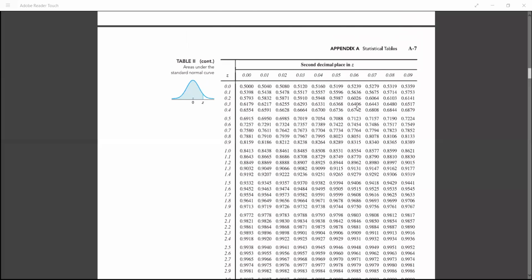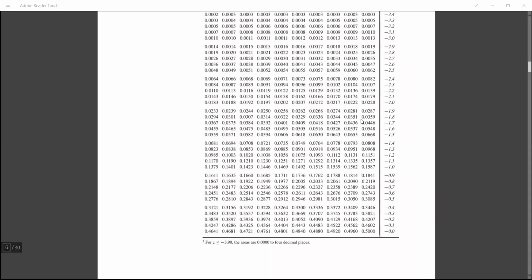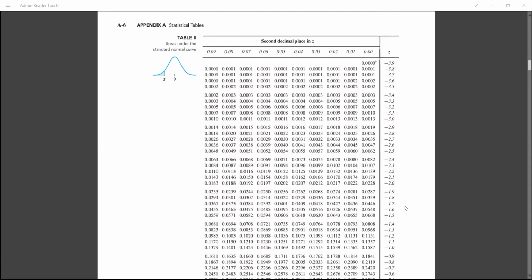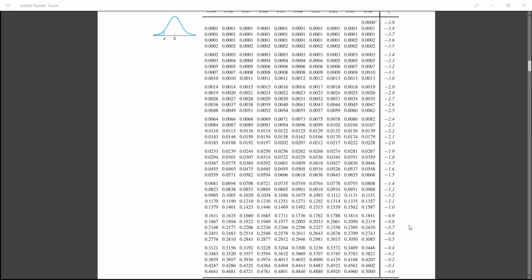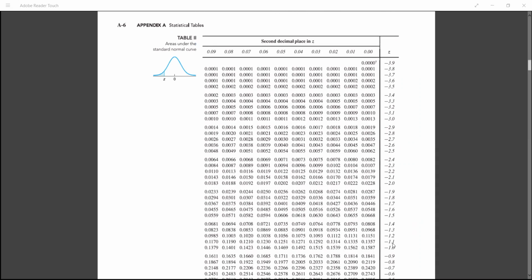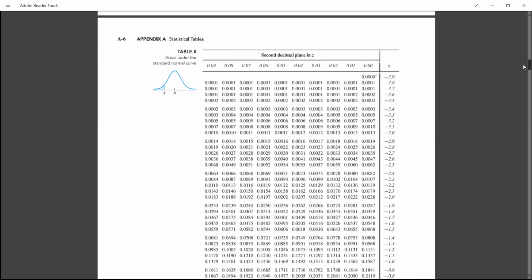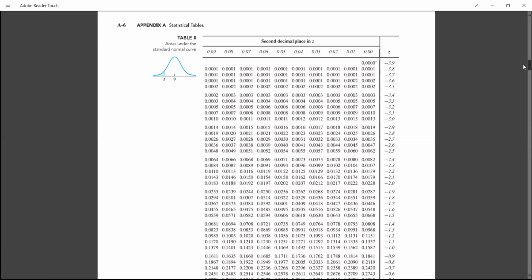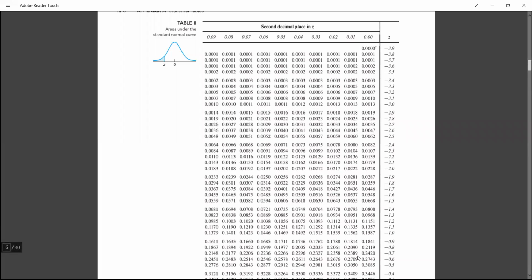From the table, we look at minus 0.5 and the column for 0.03 or 0.04, whichever we can take.